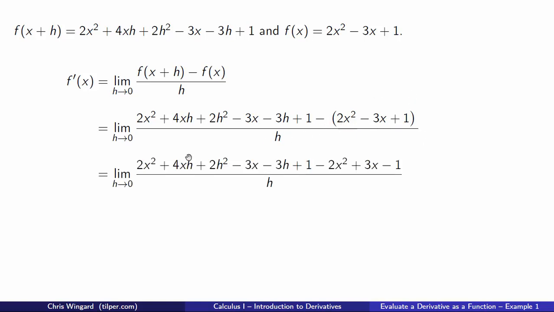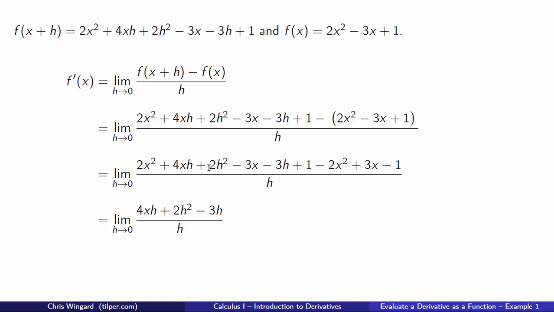All right, so then let's go ahead and simplify. So all this stuff stays the same. This whole f of x plus h expression stays the same, and we're just going to distribute the minus sign into here. So we get minus 2x squared plus 3x minus 1 after we distribute the negative sign into the parentheses. All right, now let's go ahead and start simplifying. So in the numerator, 2x squared minus 2x squared, those cancel. 4xh combines with nothing, so we still have 4xh there.